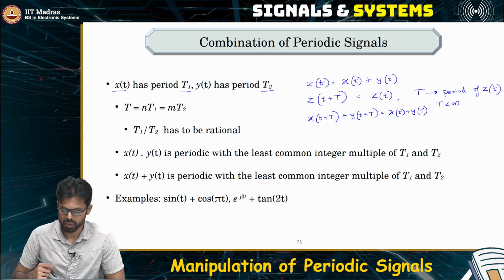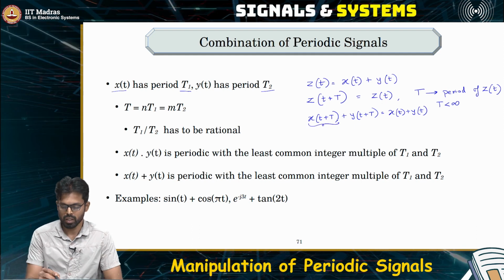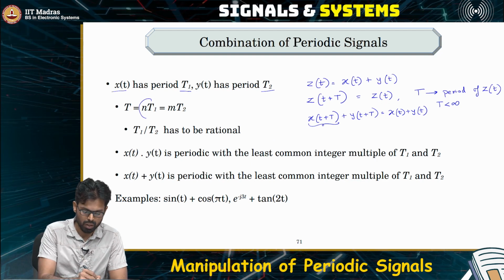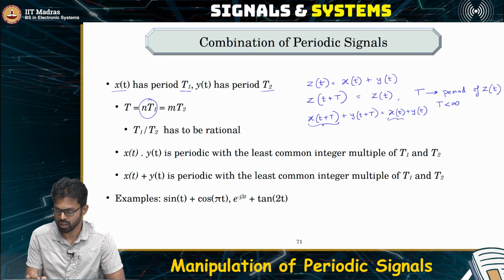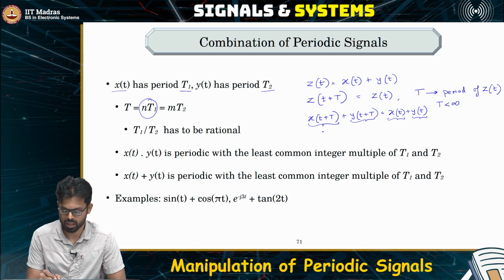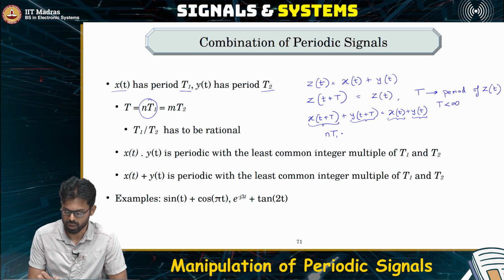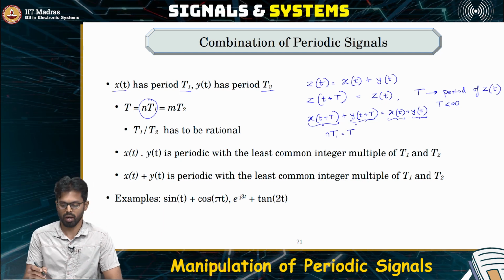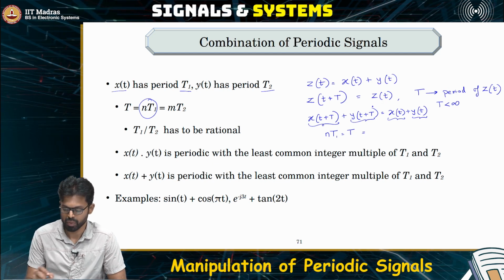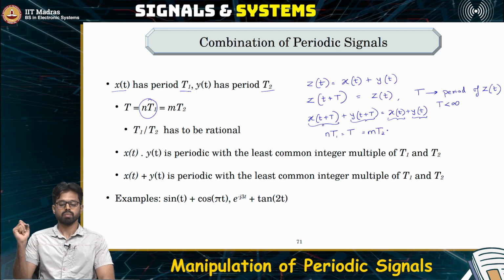So this capital T should necessarily be some integer multiple of T1, because you can compare both sides and say that there is some integer n such that nT1 is equal to T. The same scenario holds for y: there exists another integer m such that mT2 is equal to this T.